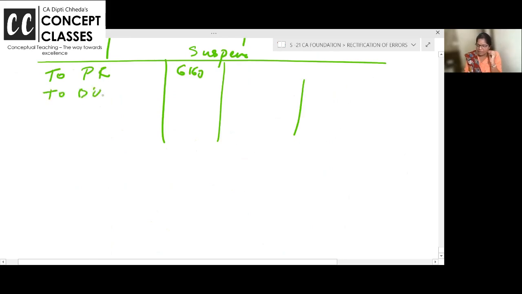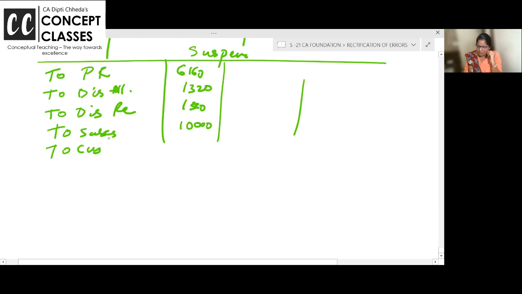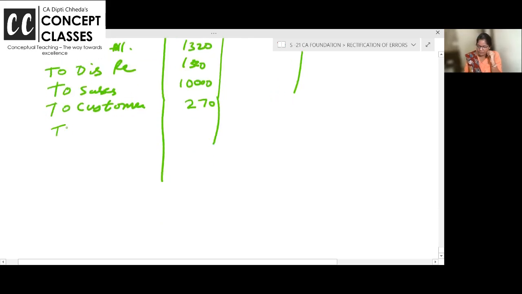Suspense account debit, discount allowed 1320 and discount received 1320. Suspense account debit to sales 10,000. Suspense account debit to customer 270.